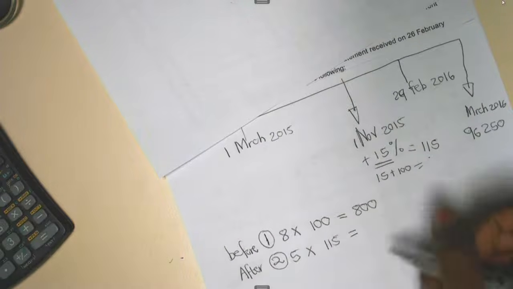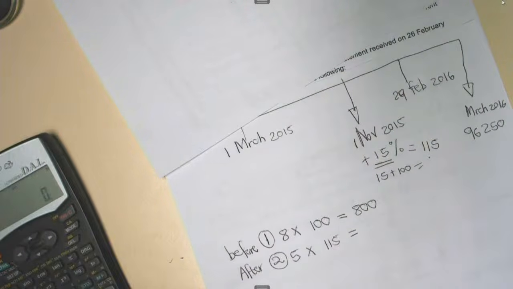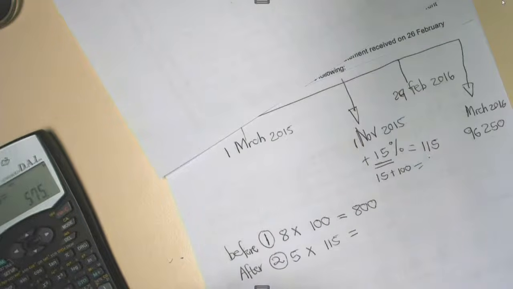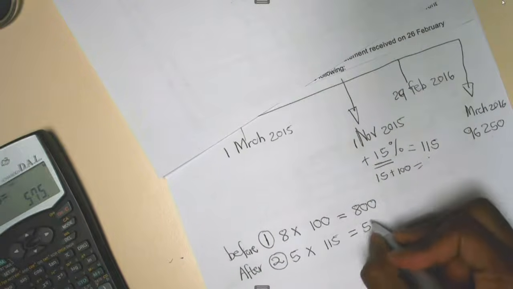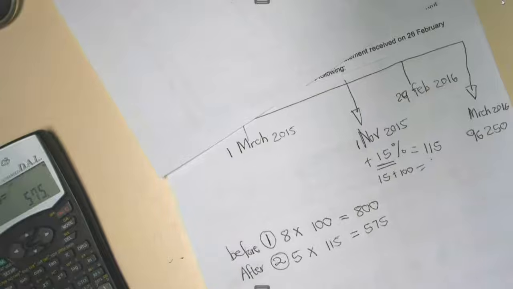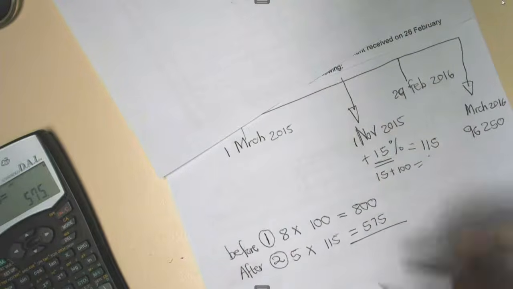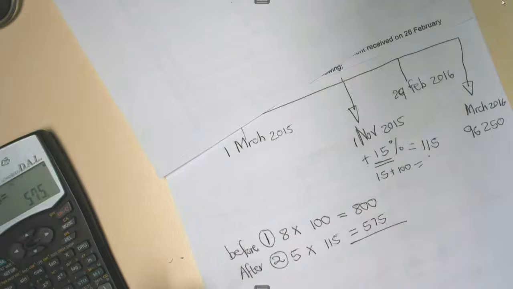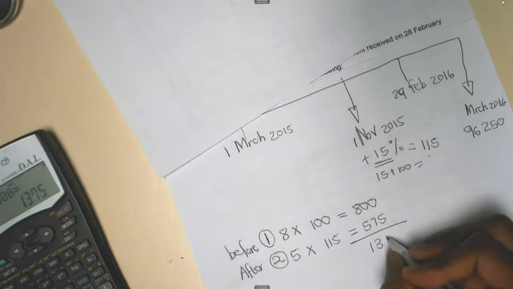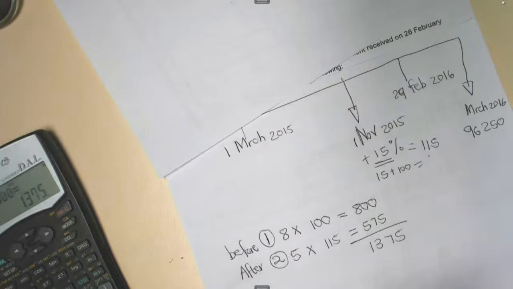So 115. And what will our answer be there? So our answer, we will now say 5 multiplied by 115. It gives you 575. Now add the 800 with the 575. It's then 1375. Right?